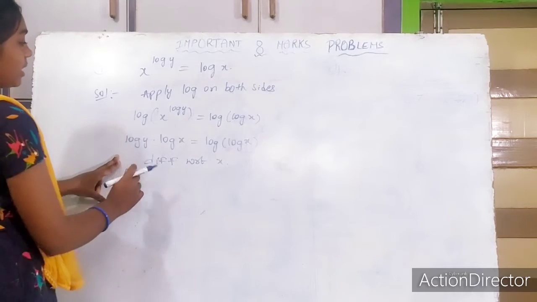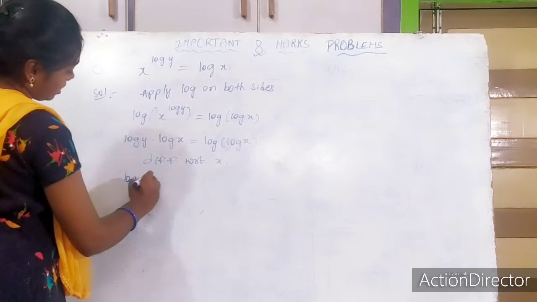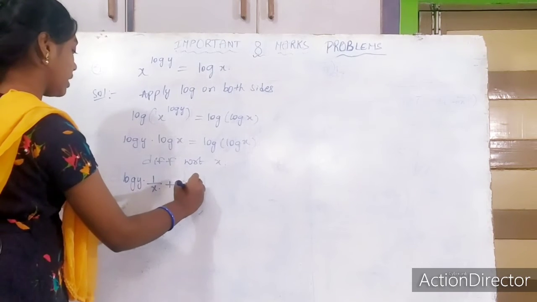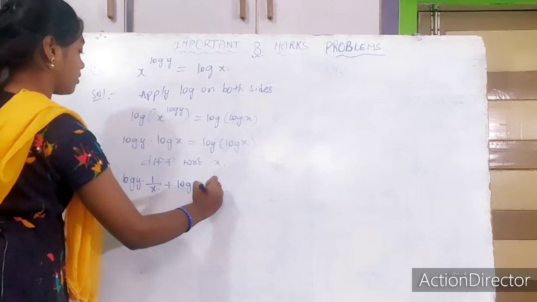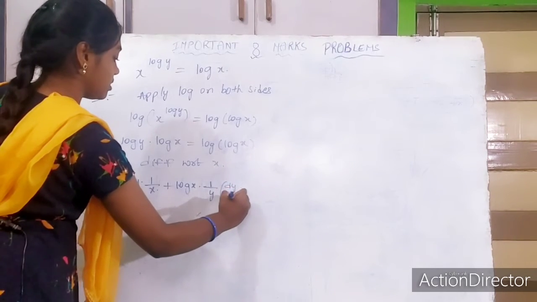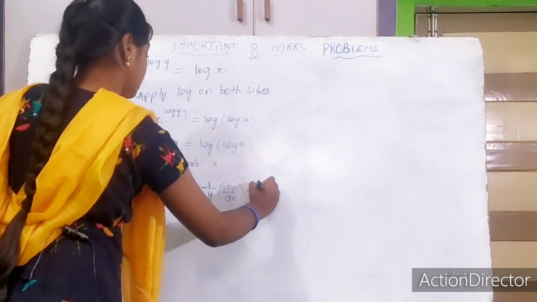We differentiate by the uv formula, that is u v dash: log y into v dash, 1 by x, plus log x into log y, 1 by y into inner derivative dy by dx, that is equal to log of log x.